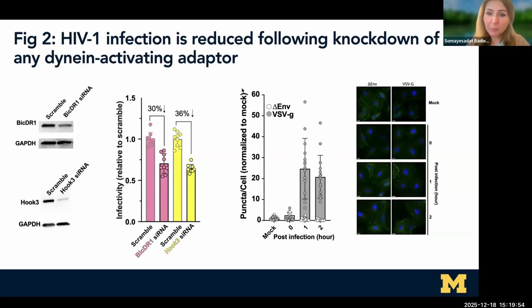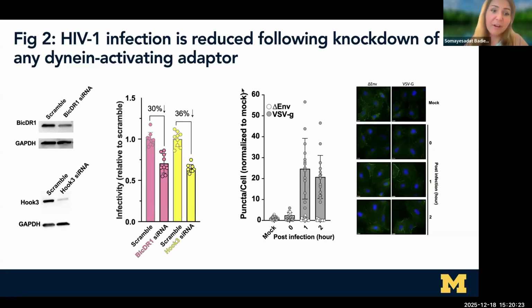So in collaboration with Dr. Ed Campbell at Loyola University, we did a set of cell-based assays where we analyzed whether knockdown of BICDR1 or Hook3 or other activators is affecting the infectivity or not. Because if it is only BICD2, the knockdown of those other activators should not affect the infectivity.